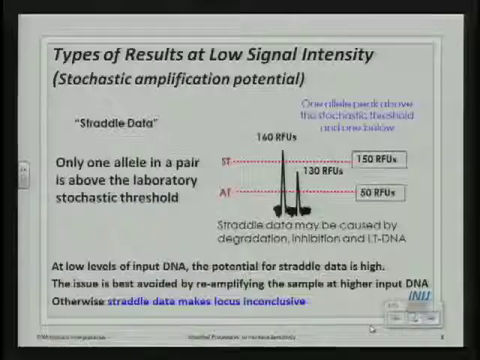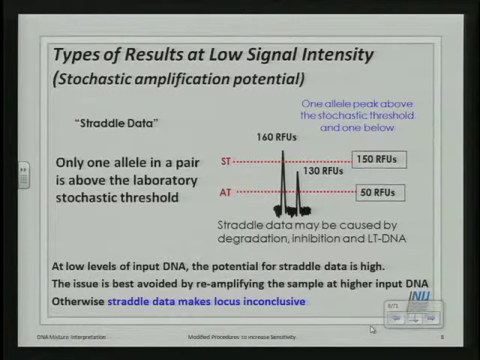Of course, this is something that we've already discussed earlier, what's called straddle data, or the data that's between your analytical threshold and your stochastic threshold. So only one allele in this pair would be above your stochastic threshold. This can be simply because of DNA degradation or inhibition, or just the fact that you're amplifying a limited number of molecules.